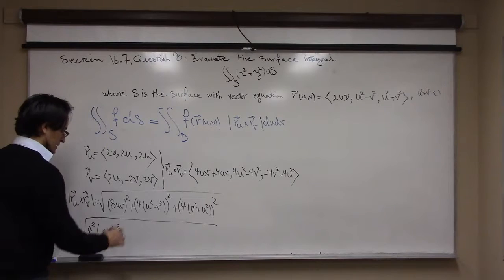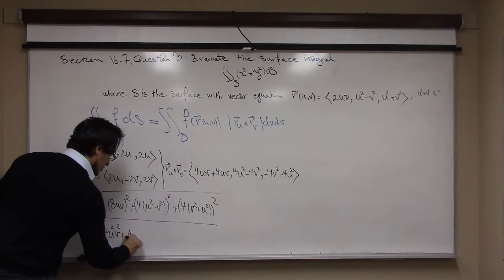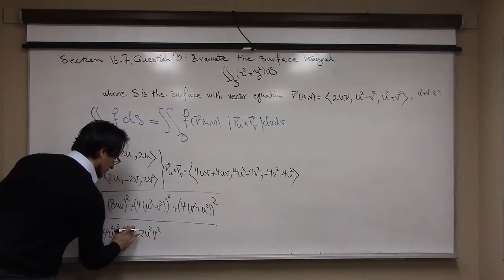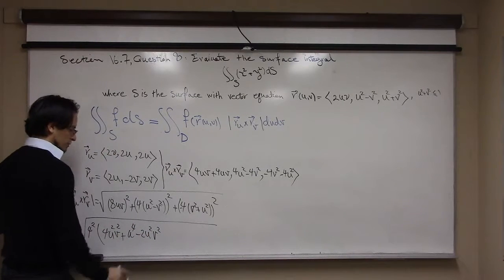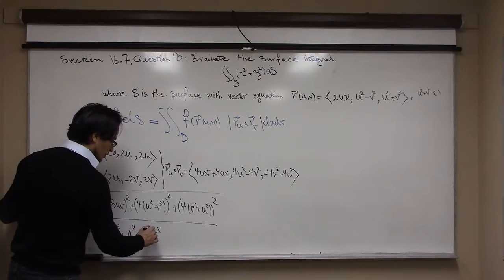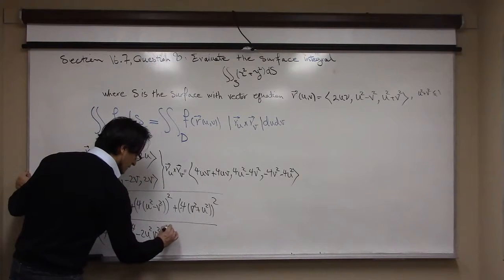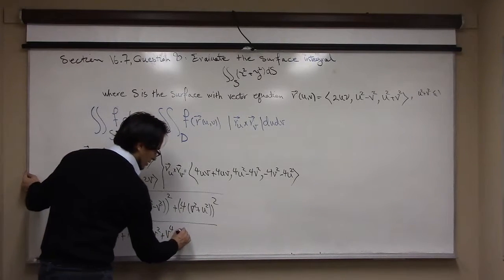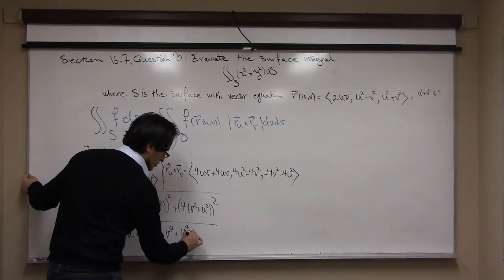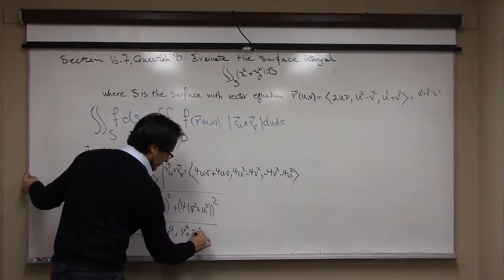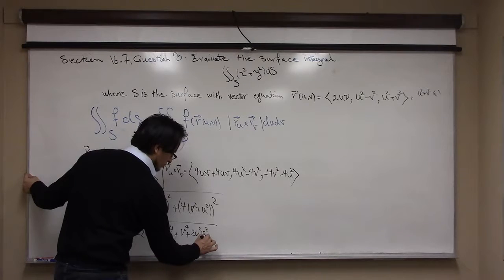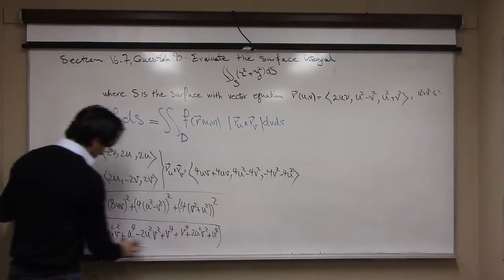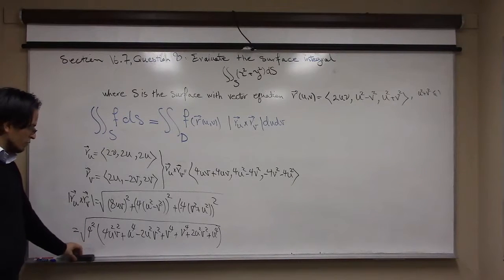Then the next one is u to the power 4 minus 2u squared v squared plus v to the power 4, plus 2u squared v squared plus u to the power 4. And everything is multiplied by 4 squared.